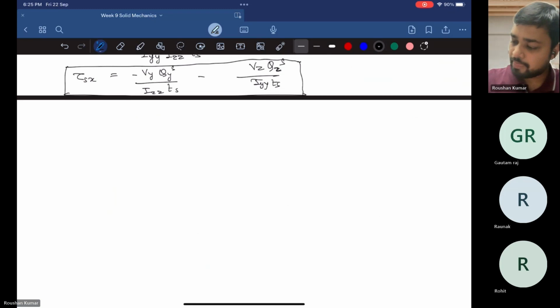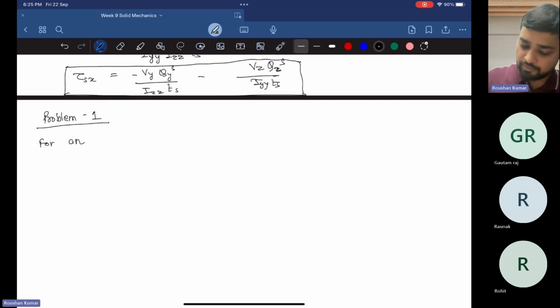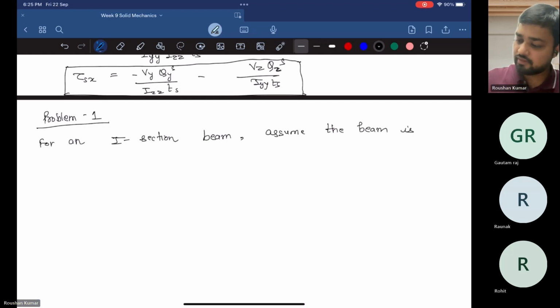Problem 1. I am writing the question first. For an I section beam, assume the beam is subjected to transverse load.